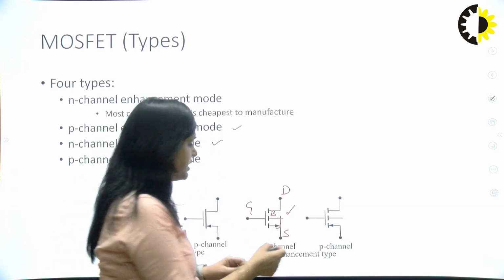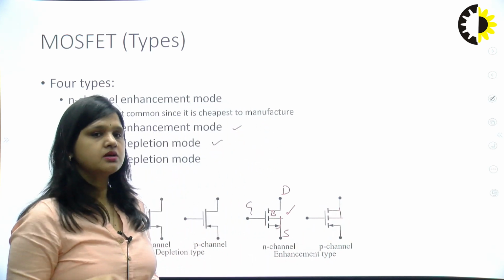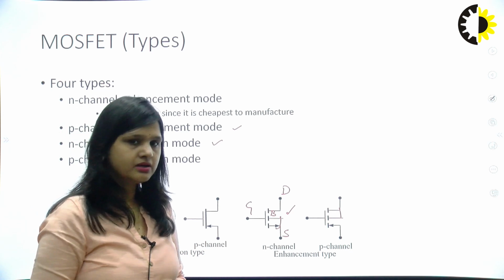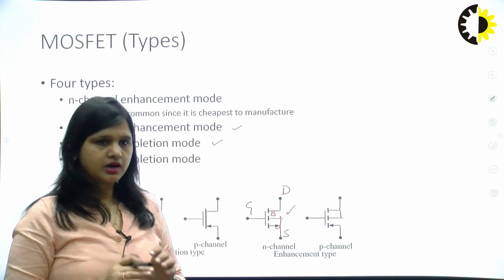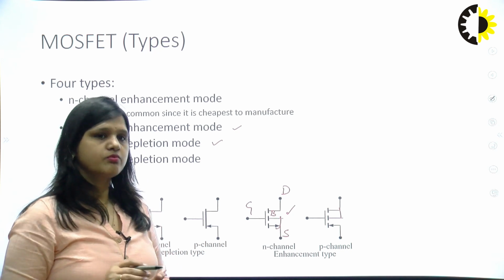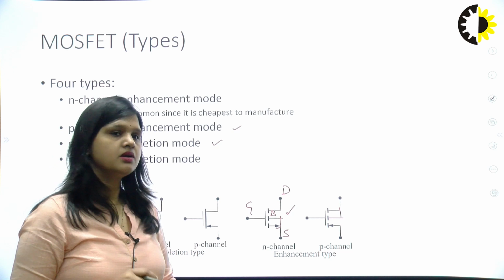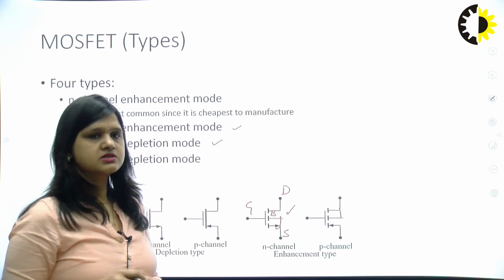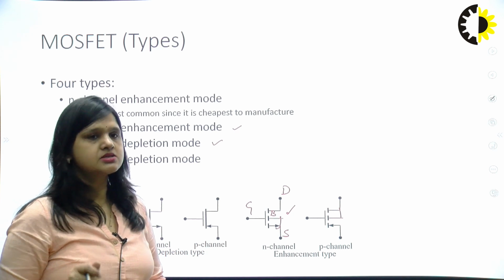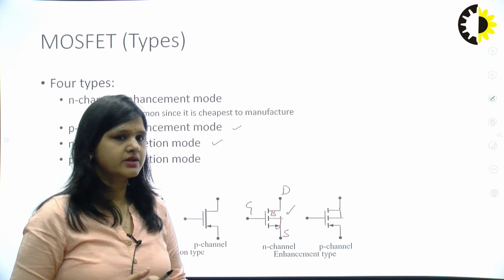Whereas in case of P type MOSFET, we connect the body terminal to the node which is the most positive supply. So again I am repeating, in case of NMOS transistor, the body terminal is always connected to the least positive supply of the circuit. If this is ground, then the body terminal is connected to ground. If it is minus VSS, then the body terminal is connected to minus VSS.